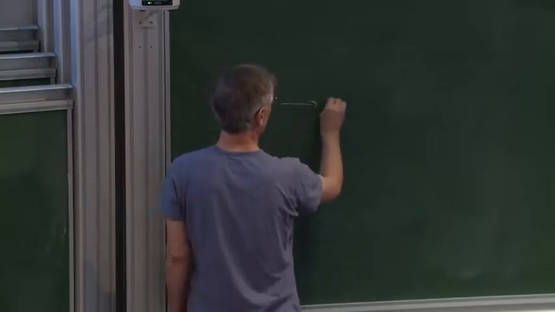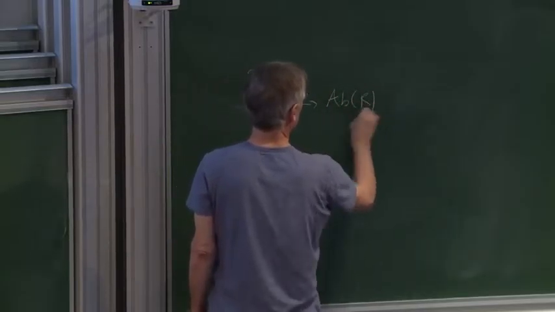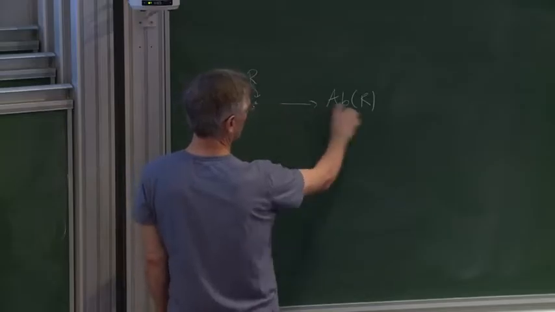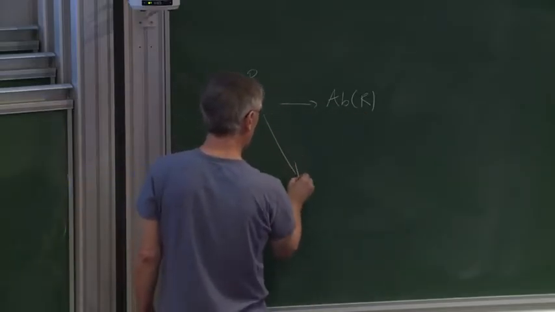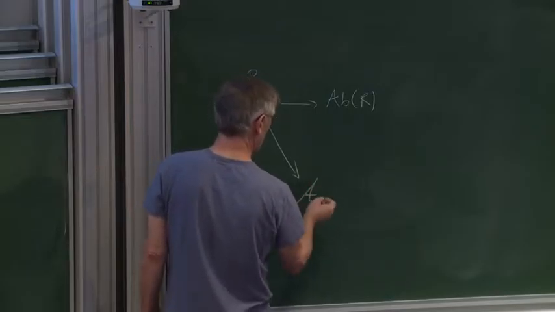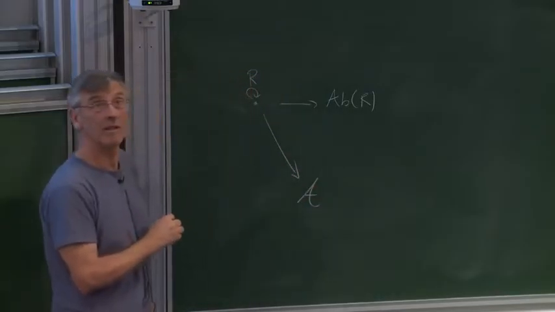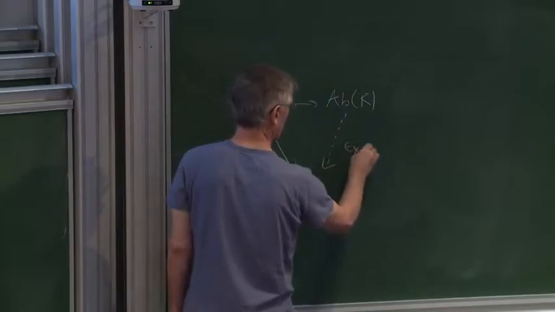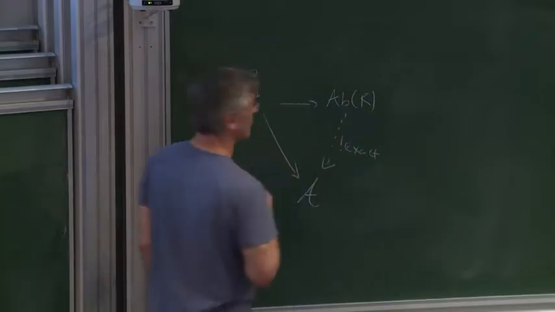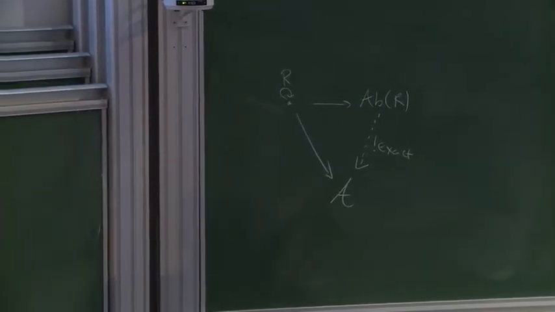The free abelian category, Ab(R), comes with a morphism from R to a small abelian category with the property that if you have any morphism from R to an abelian category, then there is an essentially unique exact functor filling in that diagram.